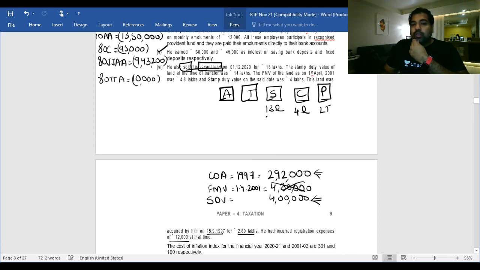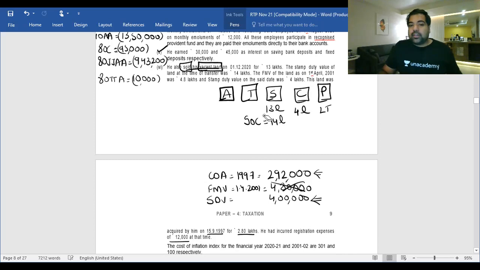Now, you sold it for 13 lakhs, but there's a section called section 50C, which compares this with the stamp duty value. The stamp duty value on the date of sale was 14 lakh. So if it's within 110%, yes, it is within. So there is no problem. You will take 13 lakh only.